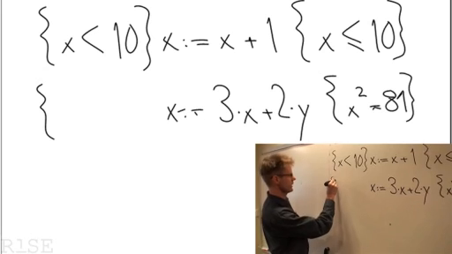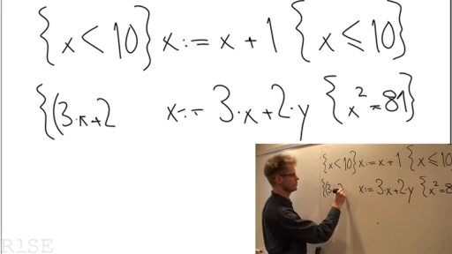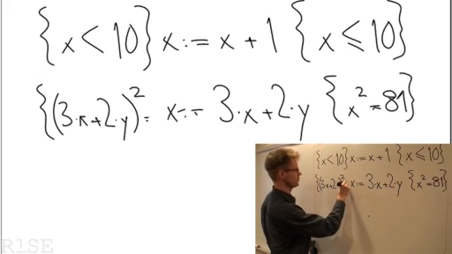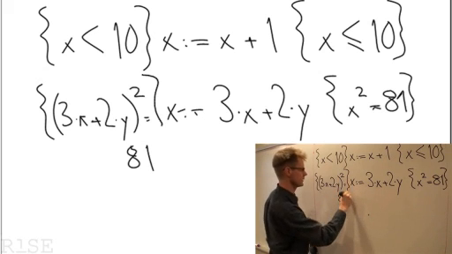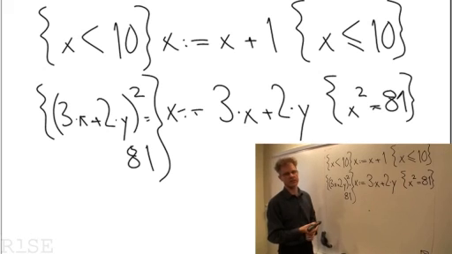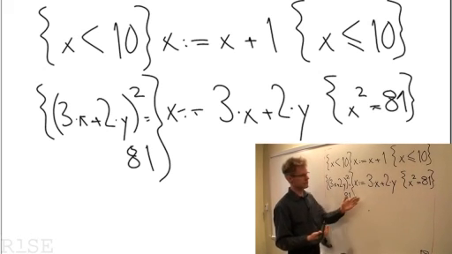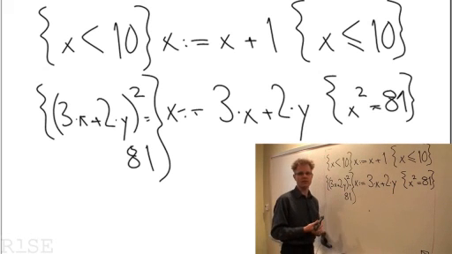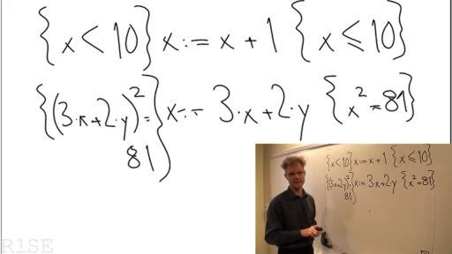And then we will get (3 times X plus 2Y) squared is equal to 81, and I don't have room. Of course you can simplify this expression in various ways, but the fact that this is so simple and there's no thinking involved, you just do the replacement, should make you think that the computer can indeed do this for you. Okay, so that's the assignment statement.